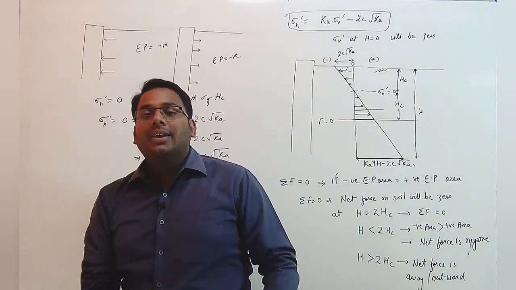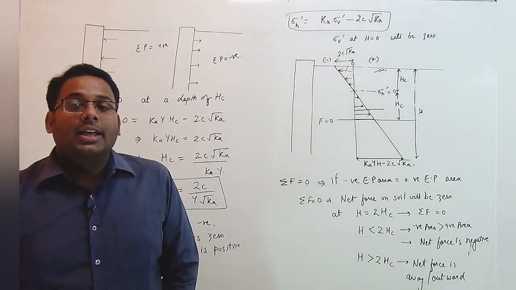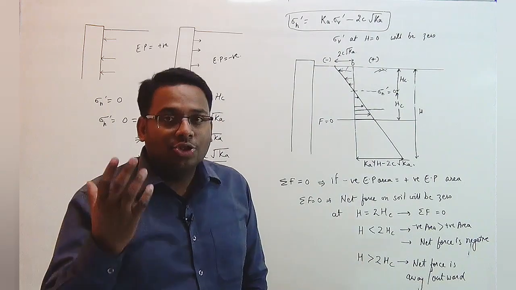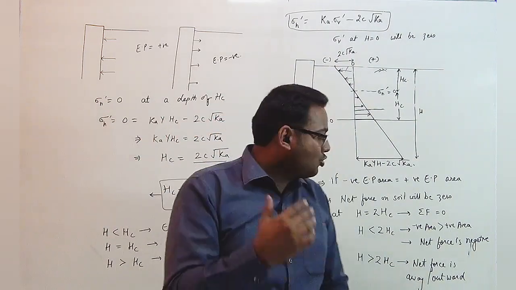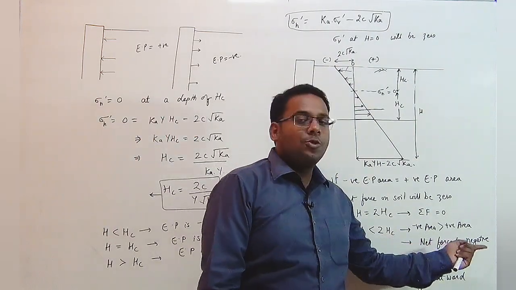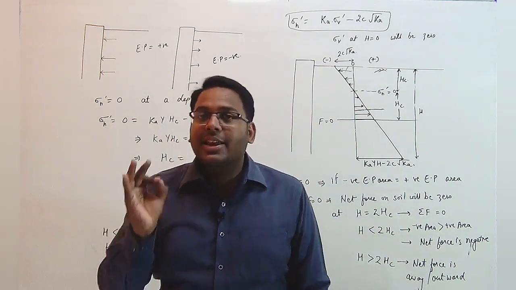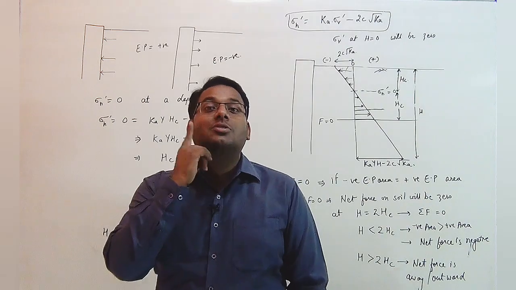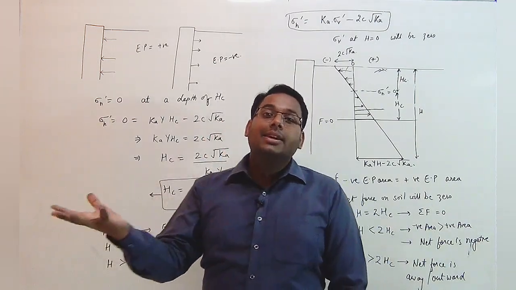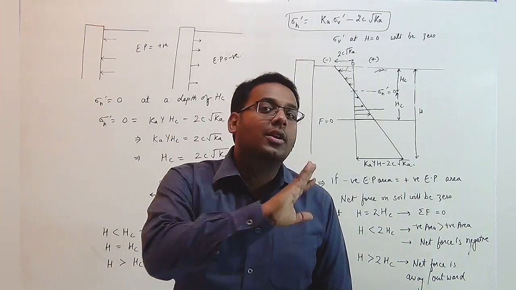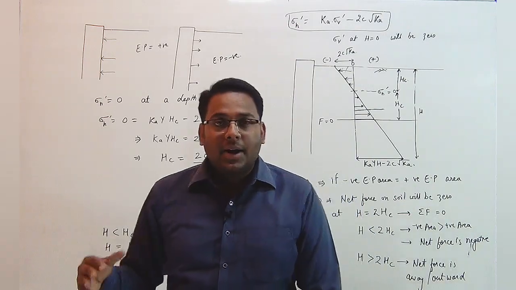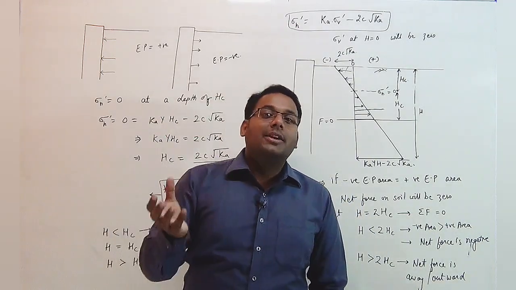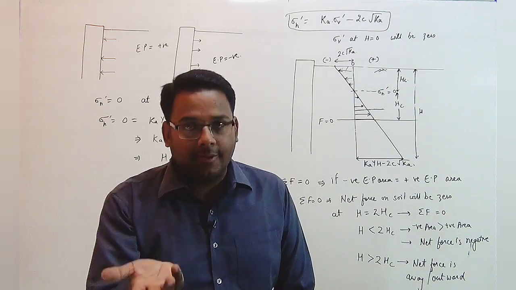So the question arises: if the net force on the soil is inward, that means towards the soil, or the net force is negative, is there any requirement of support for that particular soil? If the net force, like that on the skin, is inward, then there is no support required on the skin. But what will happen if the net force on our skin is outward?